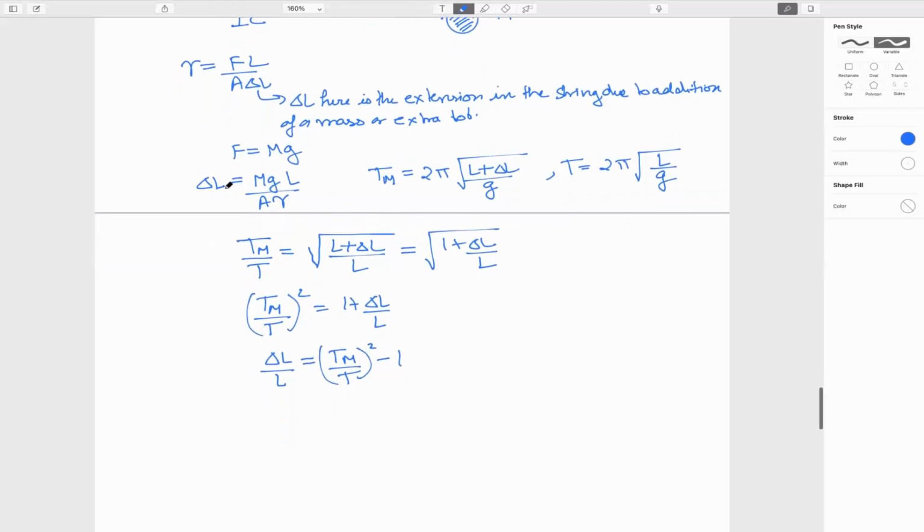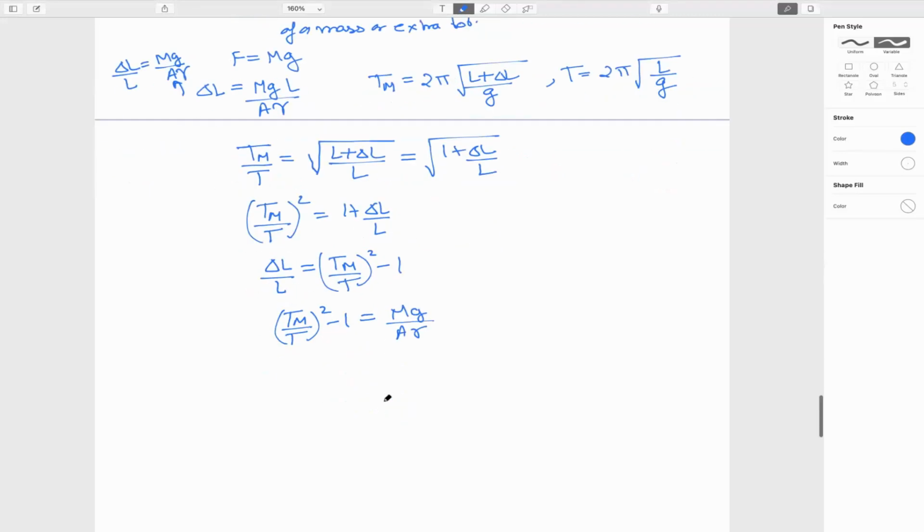From here, delta L by L is nothing but mg by A gamma. So equating both, Tm by T square minus 1 is equal to mg by A gamma.